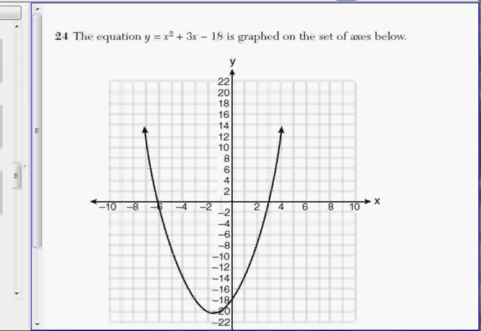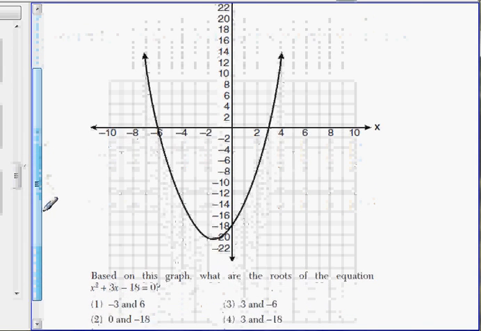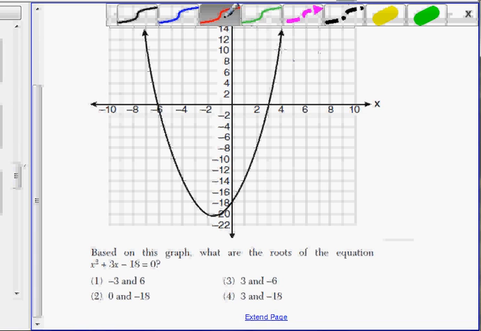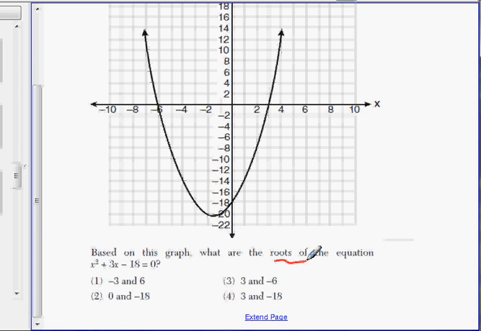Okay, 24. We have a graph of a parabola, and the question is asking for the roots of the equation. Roots just means solutions, another name for solutions. What is x that when you plug in the number for x, you'll get 0? The easier way of doing it, since we have the graph, is to see where the parabola crosses over the x-axis.